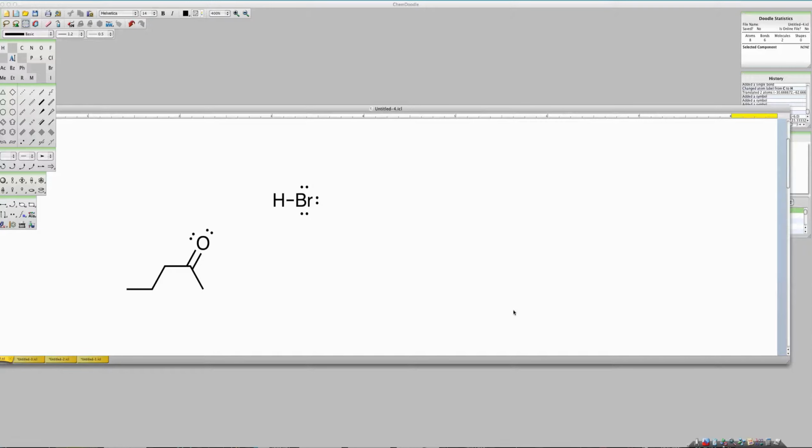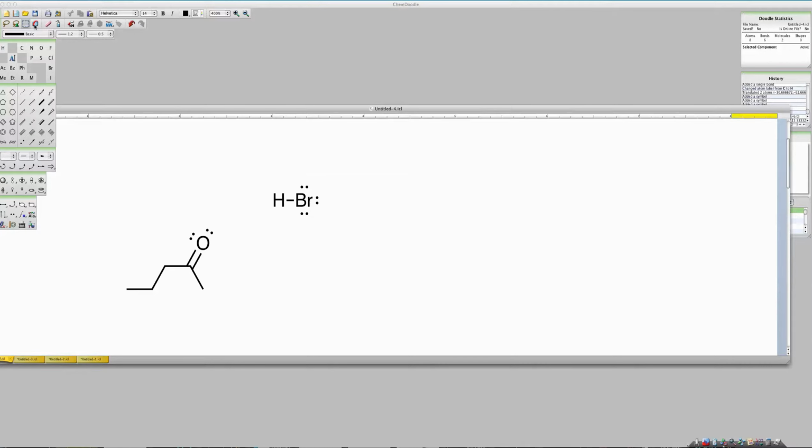Now we could show this a slightly different way if we look at a reaction called nucleophilic acyl addition. So we will generate a nucleophile from an electrophile. So the first step of this mechanism is simply going to be the same kind of proton transfers that we're used to seeing.